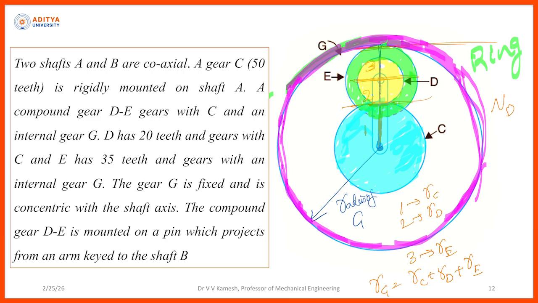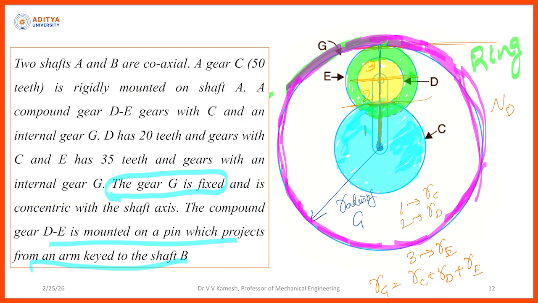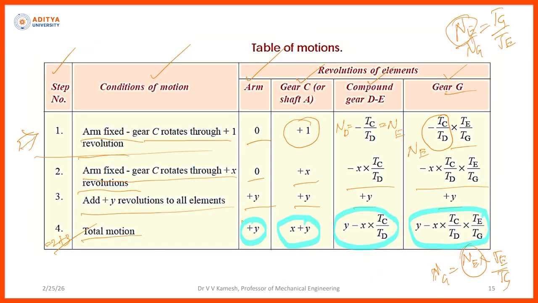You look back. The gear G is fixed, okay? So, the equation for G should be made equal to 0, right? Any other data? Find the number of teeth on the internal gear assuming that the shaft A rotates at 110 RPM. So, shaft A data is given.